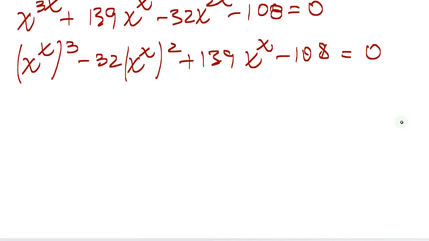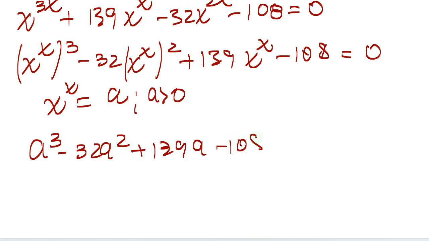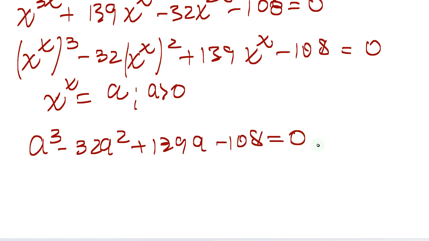Okay, now we can make a substitution. Let's say that x to the x is equal to a, and then a is greater than 0, so a to the 3 minus 32a squared plus 139a minus 108, and then this is 0.